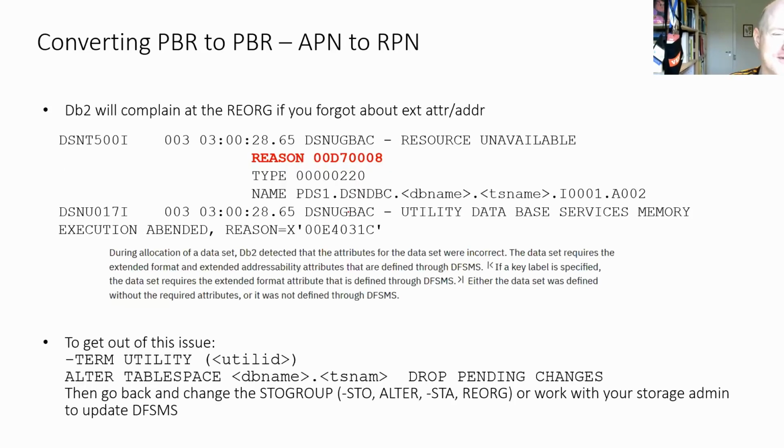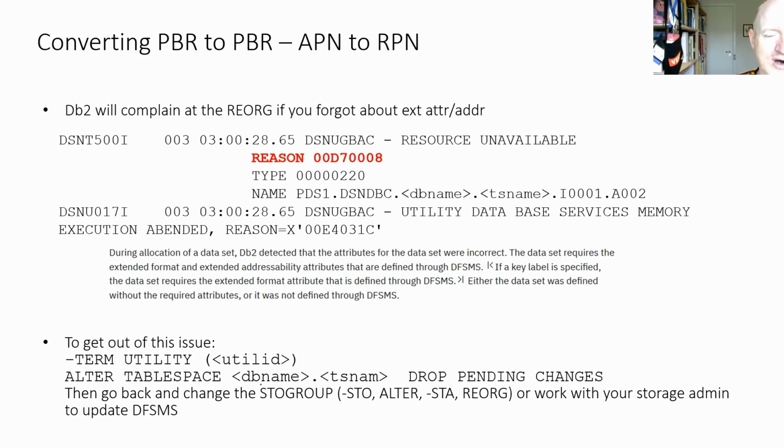If you forgot about the extended attributes and the extended addressability, you'll get a resource unavailable during the REORG with a reason code of D70008. And if you look that up in the manual, it will basically tell you that you forgot about those SMS attributes. If you end up in this scenario, you would have to terminate the utility.